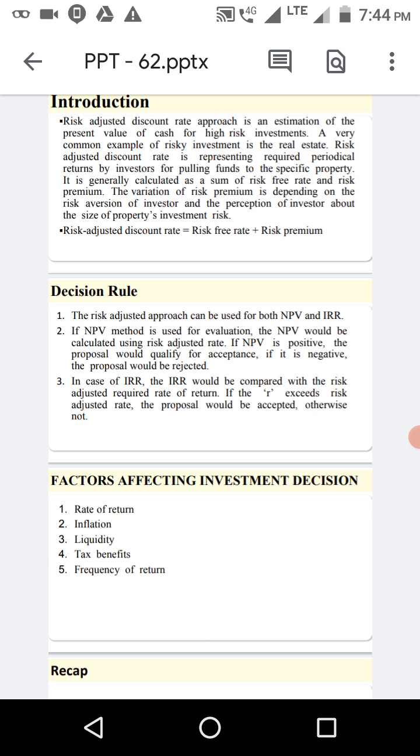Fourth one is tax benefits. Tax benefits are a very important aspect to be considered when a person is investing. Tax can wipe away the return on investment if the investment is not done wisely.